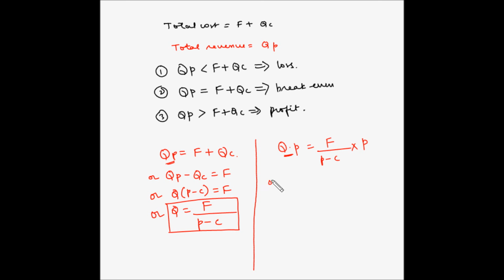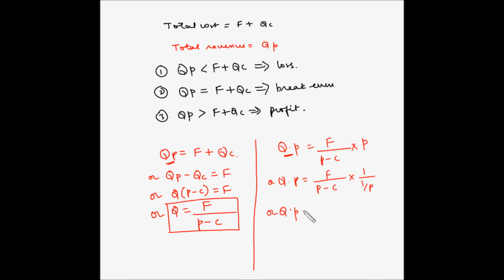So here QP is equal to F divided by P minus C multiplied by, we can also write this as 1 divided by 1 by P, right? So this means if we bring this up, it will become P, which is the same as the previous expression.